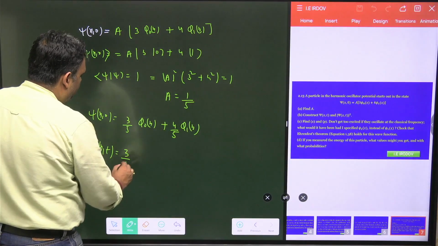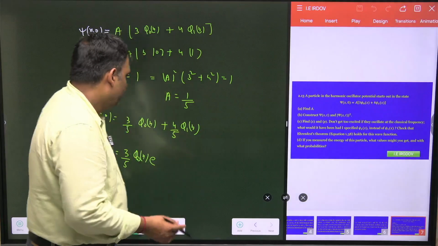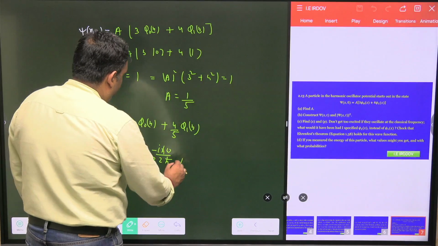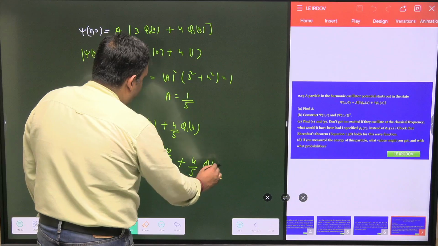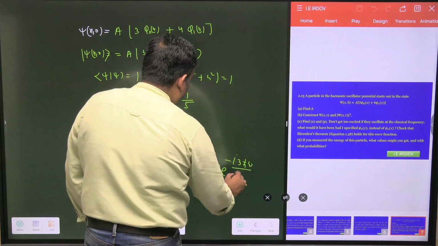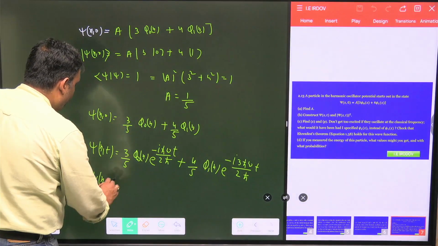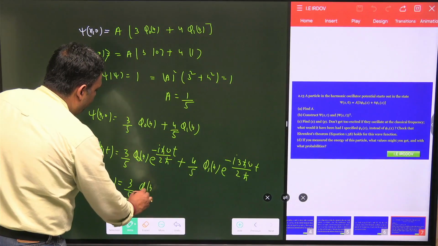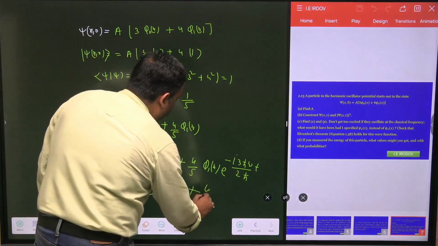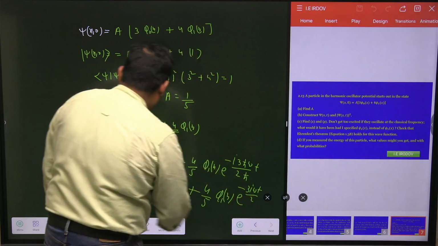That value is 3 upon 5 phi 0(x), and the energy associated with this one is equal to h cut omega by 2, so e to the power minus i h cut omega by 2 upon h cut, plus 4 upon 5 phi 1(x) e to the power minus i, where the first excited state has energy 3 h cut omega upon 2, divided by h cut, times time. So psi(x,t) is 3 upon 5 phi 0(x) e to the power minus i omega t by 2, plus 4 upon 5 phi 1(x) e to the power minus 3 i omega t by 2. So this is my psi(x,t).